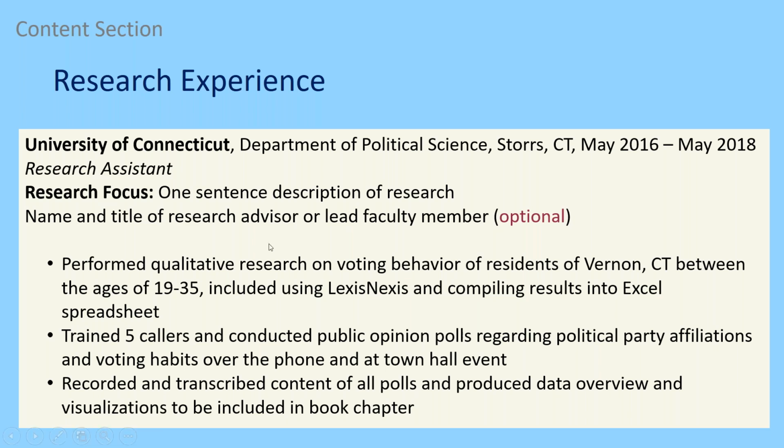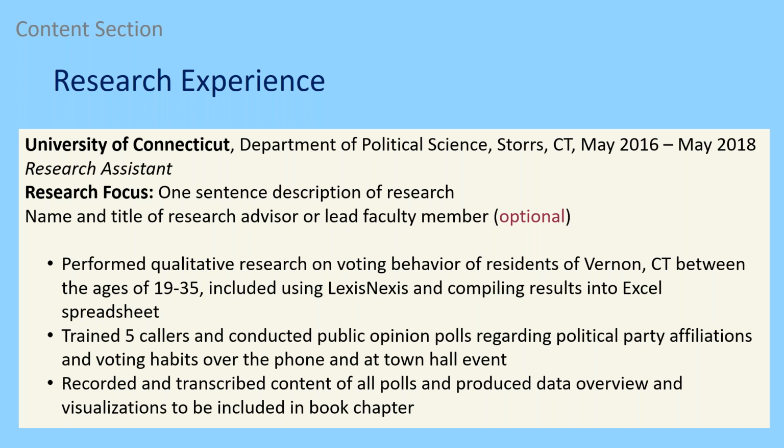And then you have some choices. If you'd like to identify your advisor or a PI, a principal investigator, or a lead faculty member in the research that you're doing, you could certainly do that. In using your CV for an academic job, it would be common to list the advisor or PI, but for industry, it would be less common.